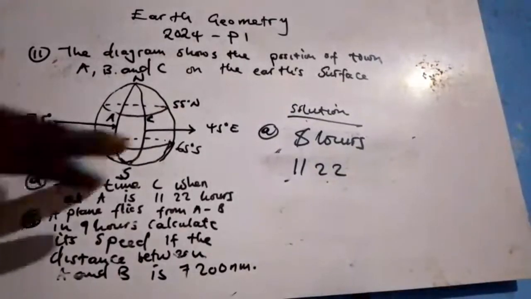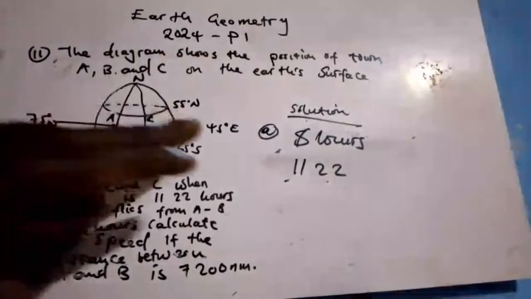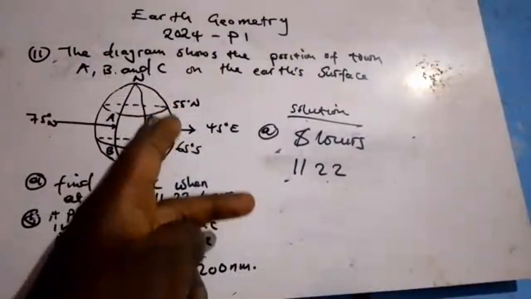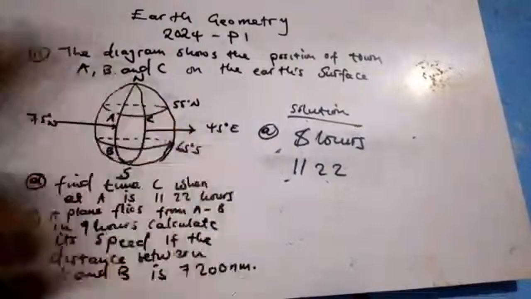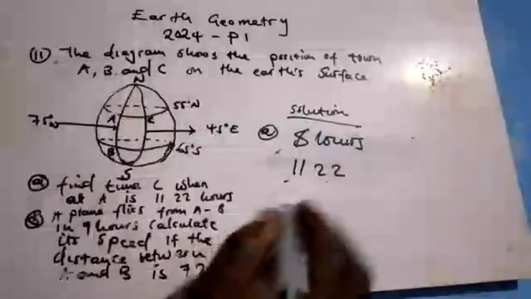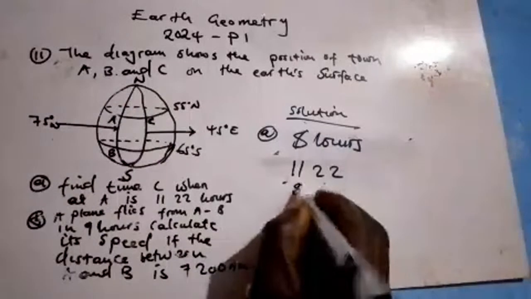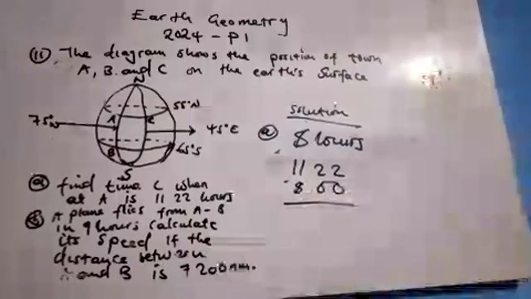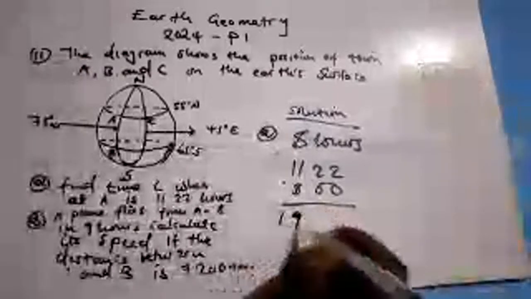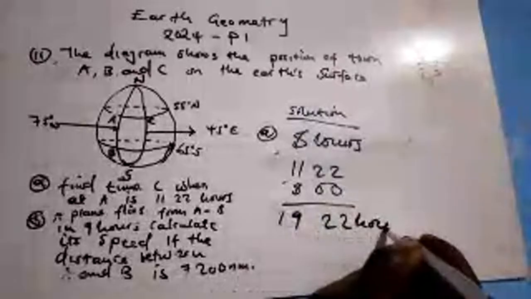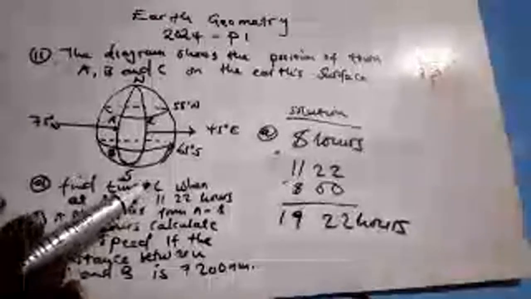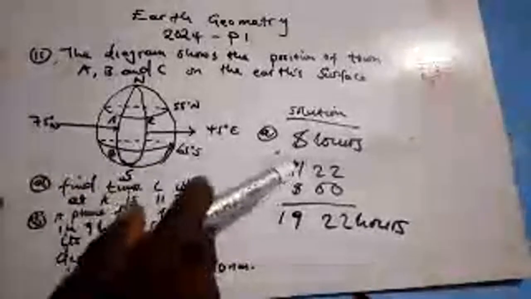You can see we are asked to find the time at C. We are moving from west to east, so we are going to add. If we were asked to find the time from C to A, we would subtract. Now we add these 8 hours, 11:22 plus 8 hours, which is equal to 19:22 hours. So it will be 19:22 hours at C when at A it is 11:22.